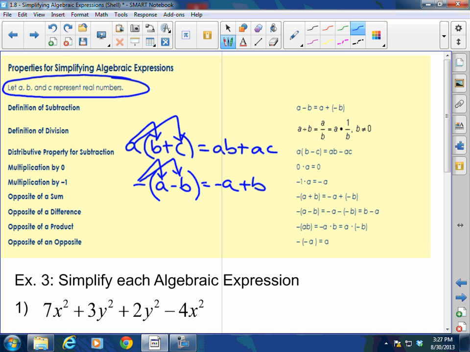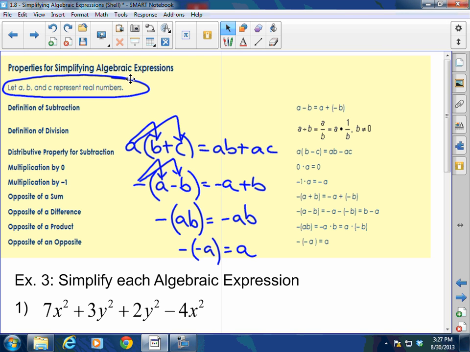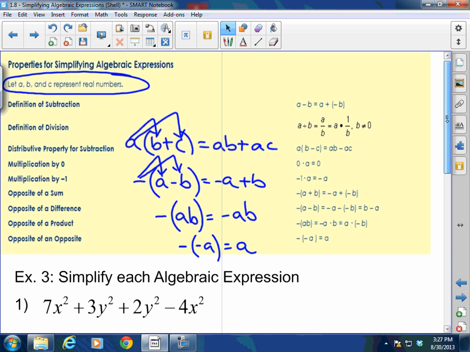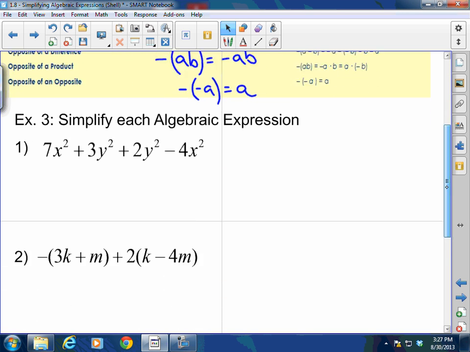Opposite of a product: a negative times any product will change the sign of that product. And opposite of an opposite, we already learned with integers, a negative times a negative equals a positive. Those properties are important, so I hope you understood them.